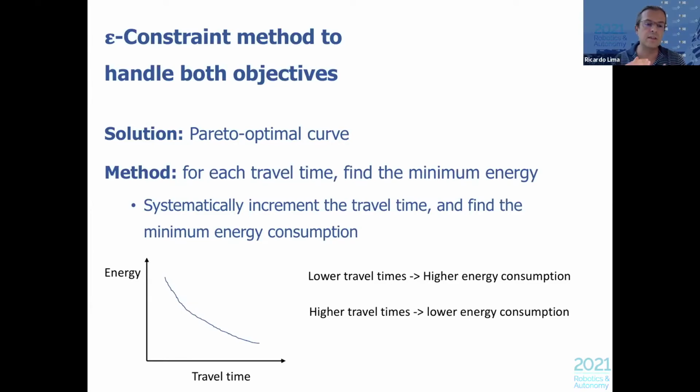One interesting thing that we see in the literature, but did not find in our case studies, is that as you increase the travel time, you can in fact increase the energy consumption. We have these cases in some synthetic cases, but not in the Red Sea.